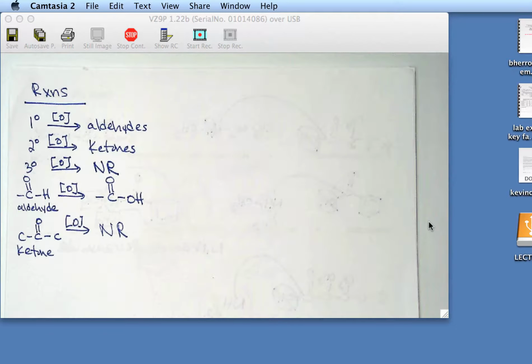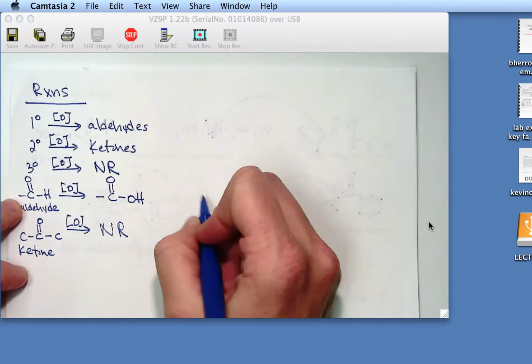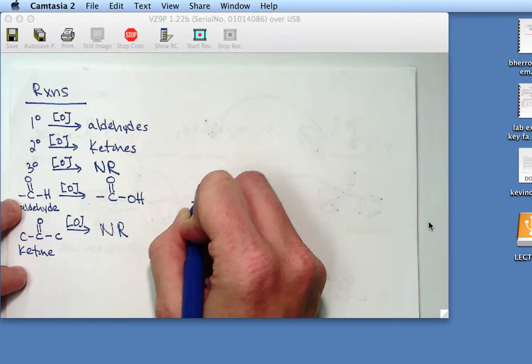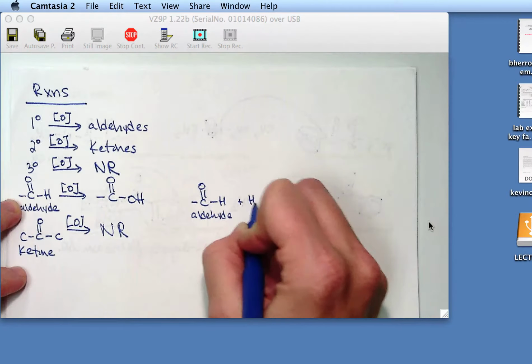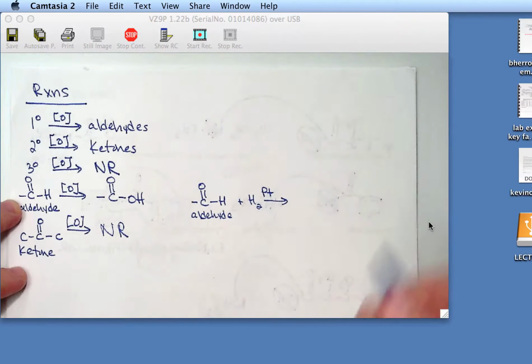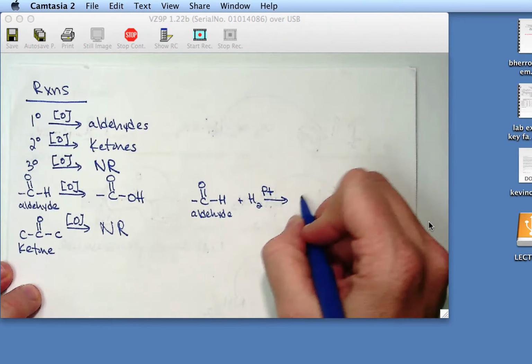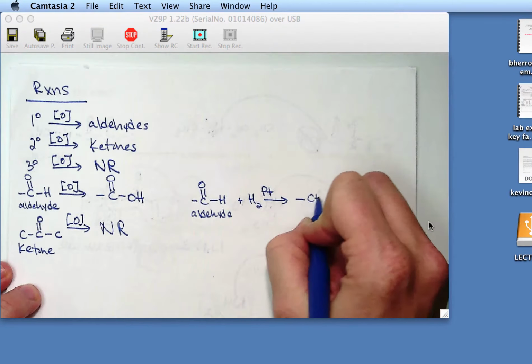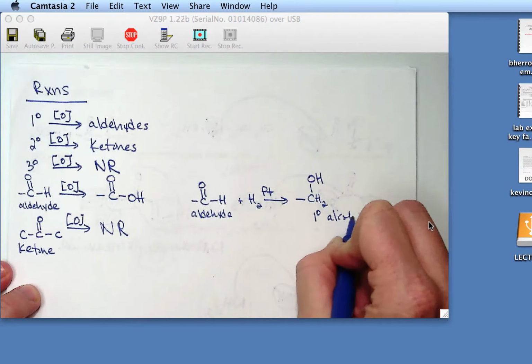So those were the first set of reactions that we learned about, oxidation reactions. Then we learned about the reverse, reduction reactions. What are the reagents with reduction reactions? H2 and a catalyst. Good. So we can have an aldehyde, platinum, palladium, something written over the arrow, and you end up with a CH2OH, a primary alcohol from that reduction reaction.